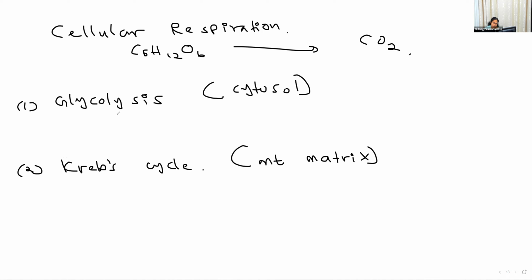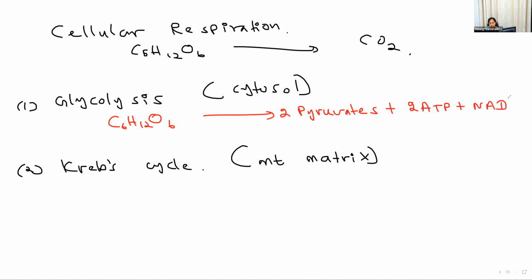So glycolysis, we break the glucose into pyruvates. You can add the number because you're splitting it up. It needs to have 2 pyruvates plus the energy. The next one is, I'm going to ignore the acetyl coenzyme A. We're taking pyruvate into the matrix.